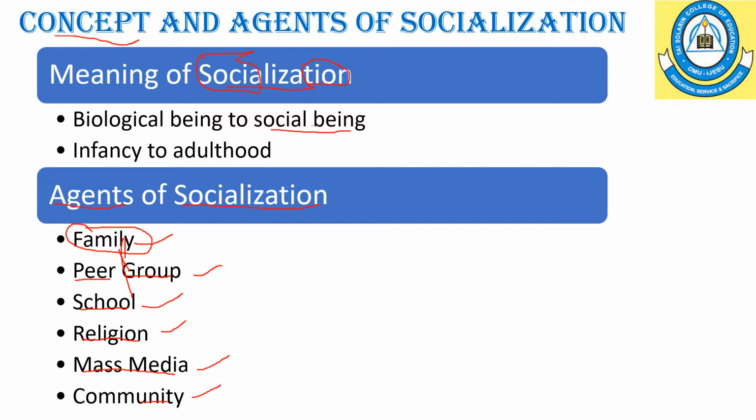Social being is referred to as a social political animal, which means we can only live a meaningful life when we interact with other people in the society. Interaction must exist for us to be socialized.